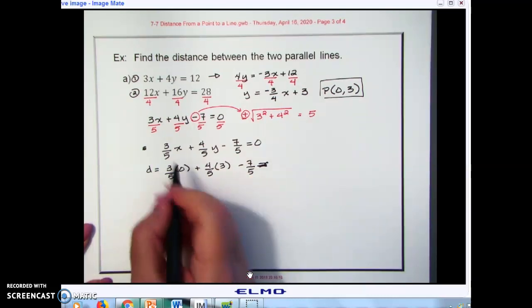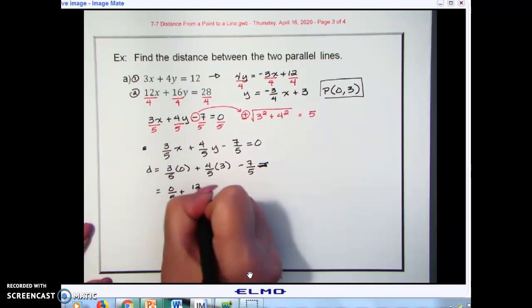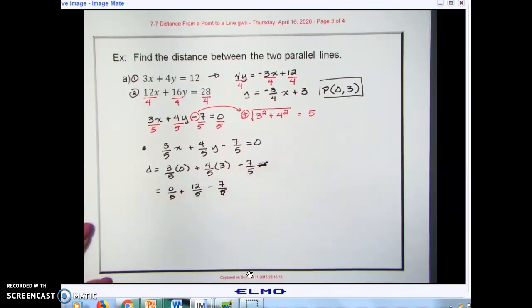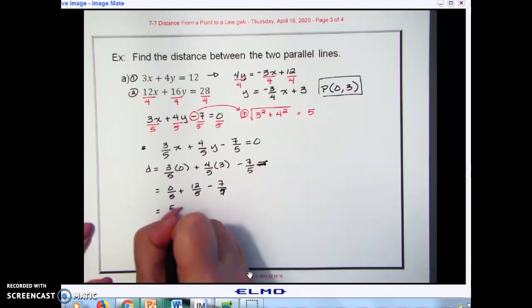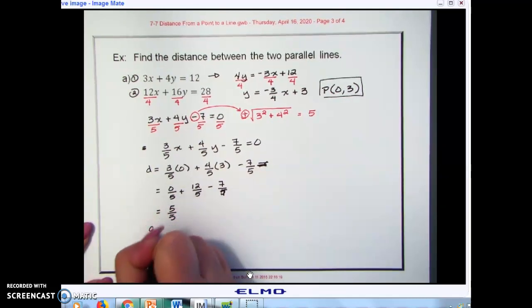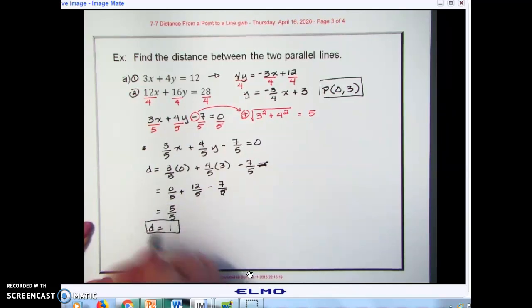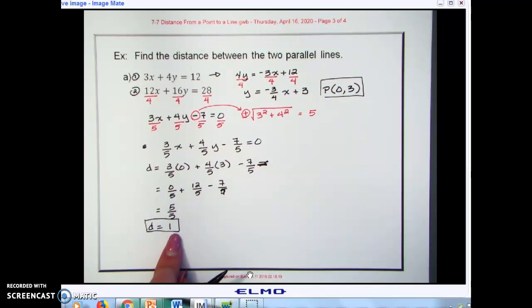So notice 3 times 0 is 0, 4 times 3 is 12, and we get minus 7/5. And so notice 12 minus 7 is 1, and 5 over 5 gives us a distance of 1. I got a little ahead of myself. And again, had that ended up negative 1, we would have just taken the absolute value of it.